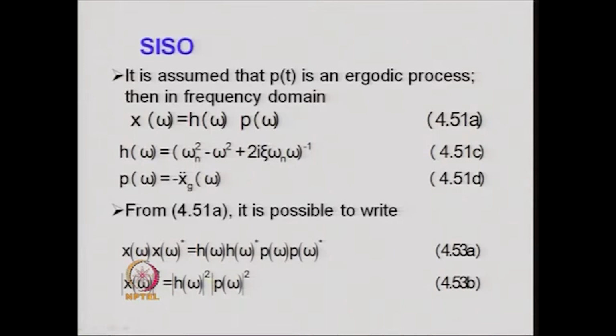So, the relationship that exists between the absolute squares of the responses at each frequency is related to the multiplication of the absolute value square of the frequency response function and the absolute value square of the excitation at each frequency.